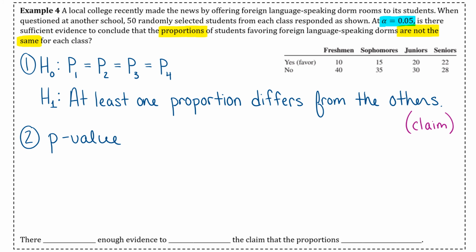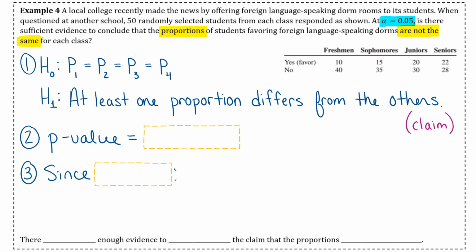And then step 2, to get the p-value, I'm going to let you tell me what that is. There's nothing different about this one. It's still a 2x4, so go to a matrix in your calculator, put in those new numbers, and then go to the tests and get the chi-square test and get the p-value from that.